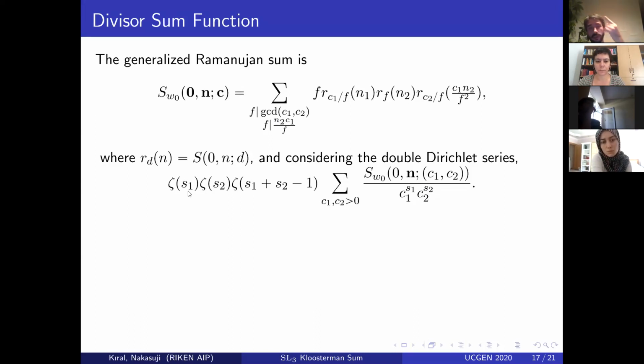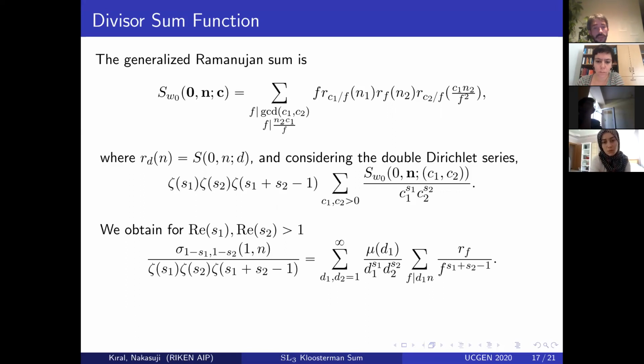Instead of one zeta factor, we have 3 zeta factors, which sort of shows that we must have been looking for 3 moduli to start with. So instead of 1 zeta S, we have 3 of them. So that simplifies if, oh, I didn't write, well, here we should have n, RF of n.